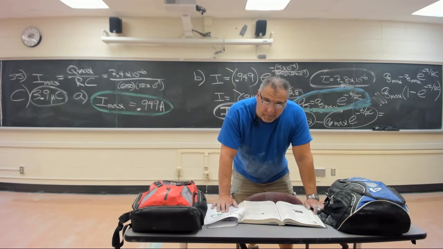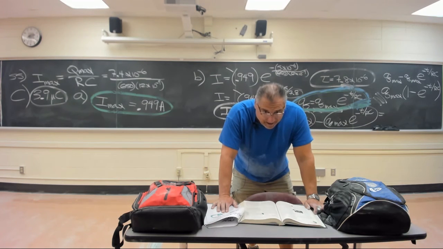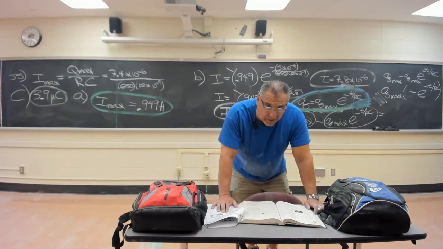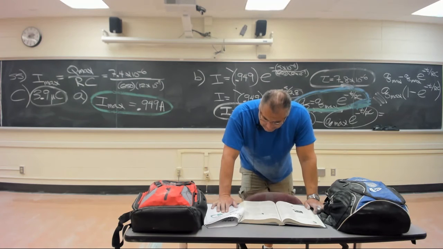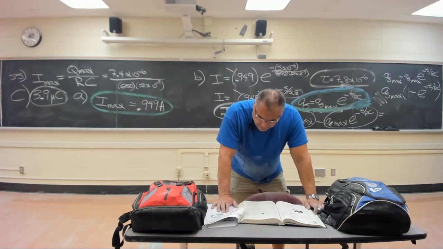Well, if 3.9 microcoulombs remains and 7.4 microcoulombs was the original total, the 3.9 microcoulombs that remain and the 3.5 microcoulombs that left certainly have to add up to the total of 7.4 microcoulombs.